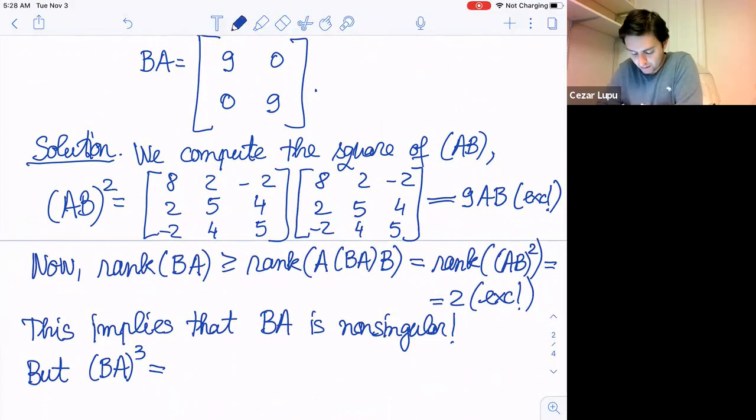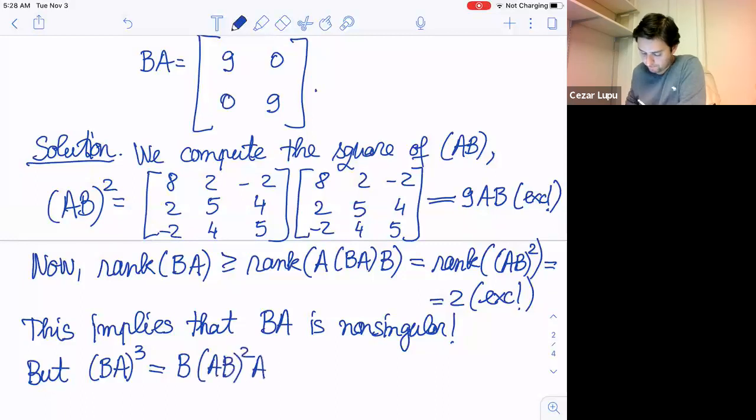So let's think. BA cubed, let's write it in this way: B, right, times AB squared times A. Okay, because I know that AB squared is 9AB. Okay, that's perfect, right? So I can do this.